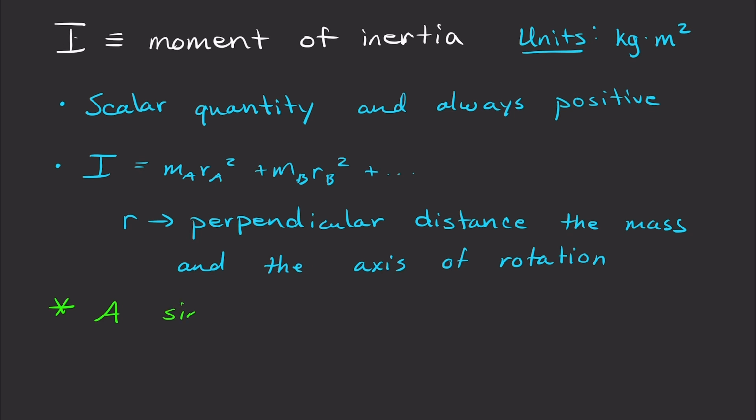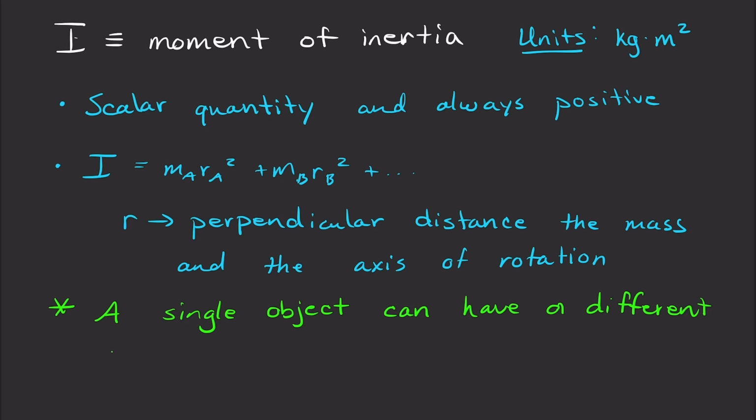So a single object, and this is an important difference from mass. Once you know the mass of an object, it doesn't change no matter where it is or how you measure it. But a single object can have different moments of inertia.